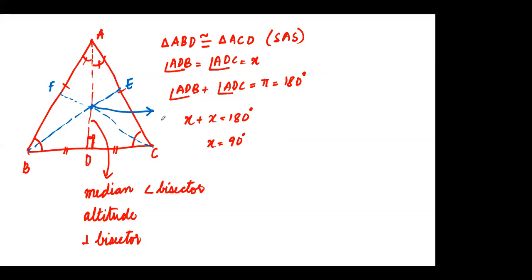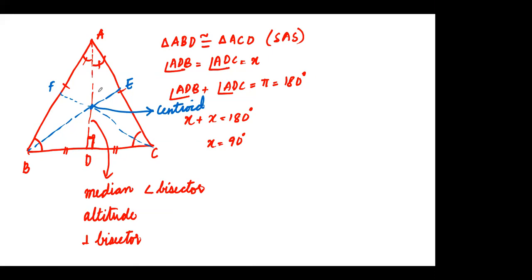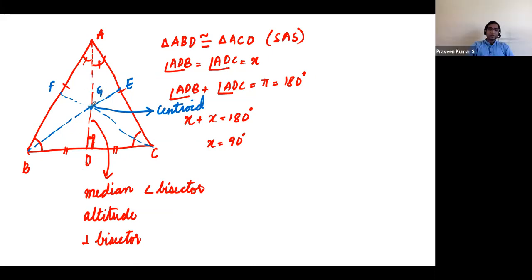Centroid. It is called the centroid. Okay. What are the properties of the centroid? What does the centroid do? Anything interesting? Sir, it divides the median into 2:1 ratio. Yeah, so usually we give the notation G for the centroid. So AG to GD will be in the ratio of 2:1.